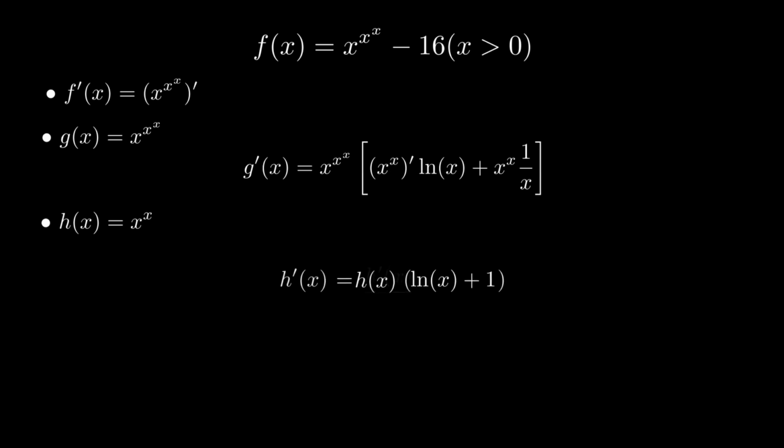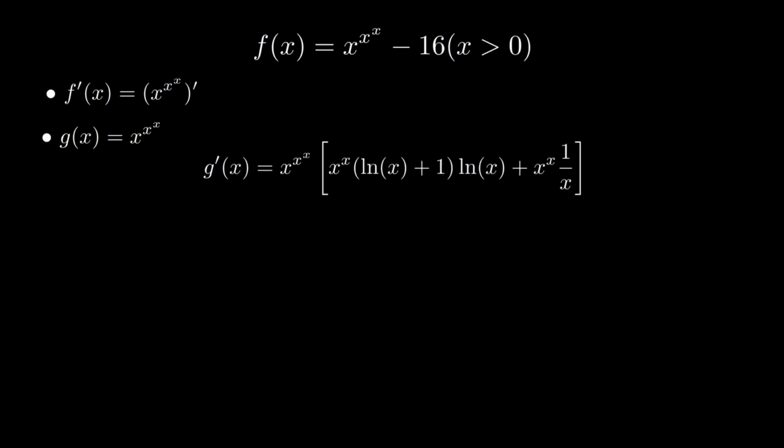Multiplying both sides by h of x, we obtain h prime of x equals h of x times the quantity natural log of x plus 1. Substituting h of x equals x to the power of x back into our equation, finally, we have the derivative of x to the power of x, which is x to the power of x times the quantity natural log of x plus 1.